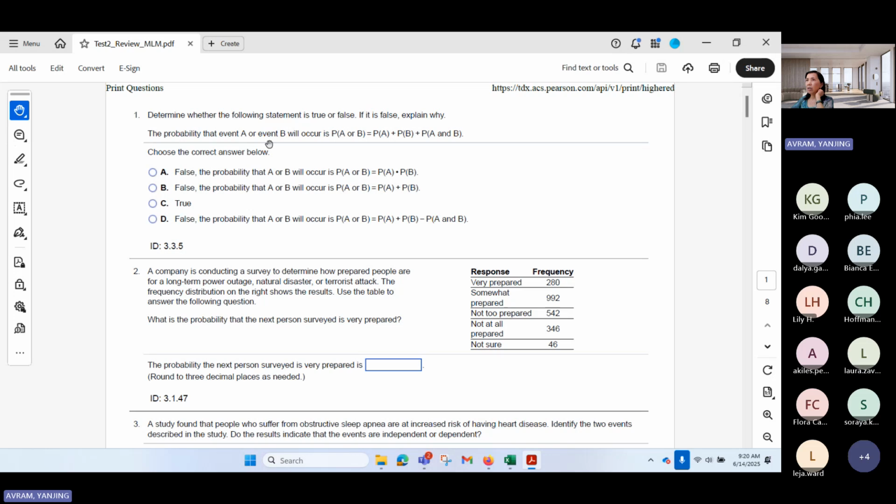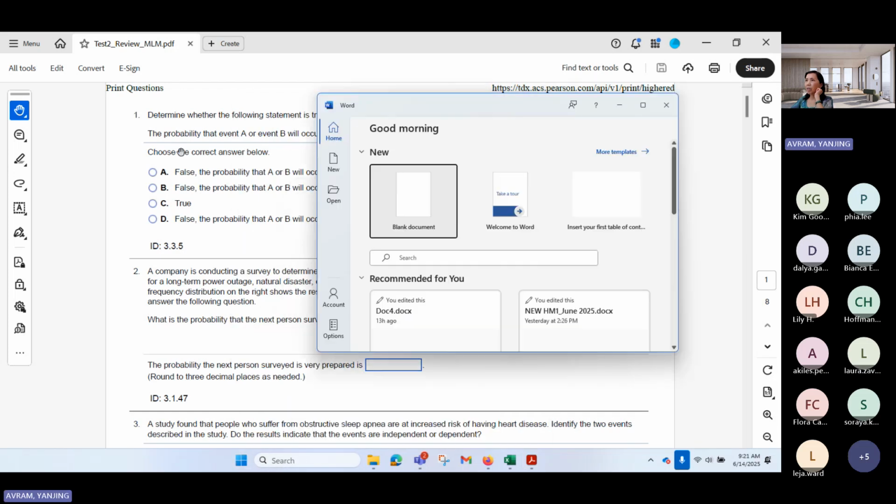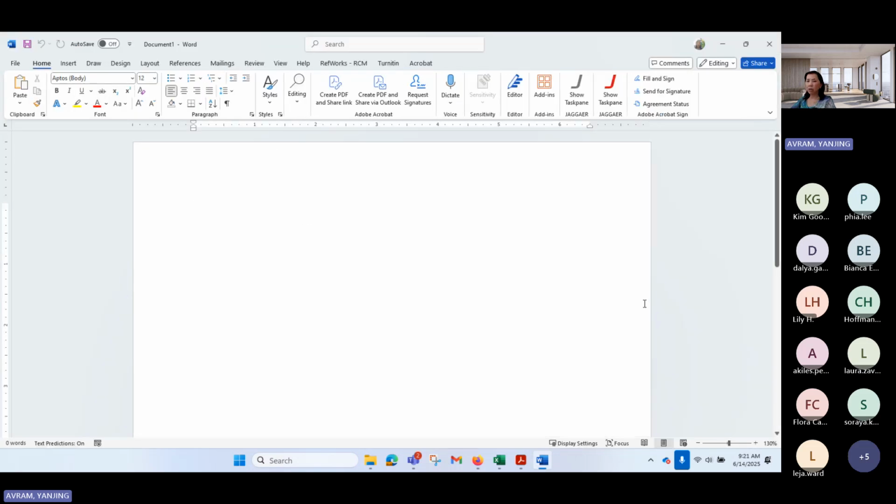Probability of event A or B. This is section 3.3, so you can see this one uses event A or B, which is called mutually exclusive or non-exclusive. If you go through the chapter 3 detail, you will be able to look at what is mutually exclusive or not exclusive.